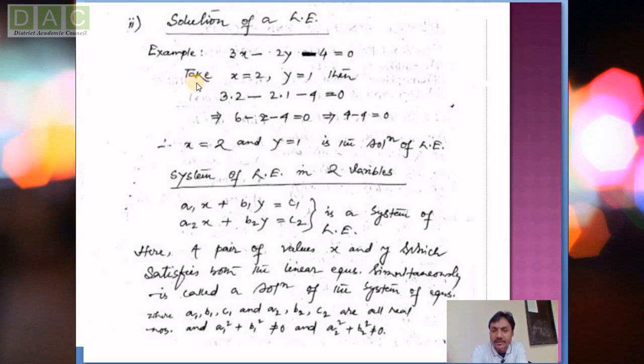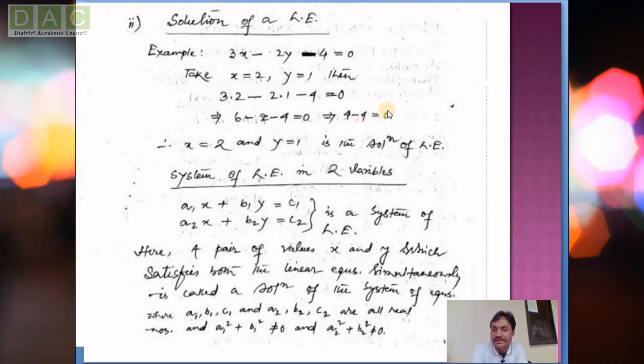Here we take x equals 2, y equals 1. We substitute these two values in the given equation: 3 into 2 minus 2 into 1 minus 4 equals 0. After solving, the left hand side we are getting 4 minus 4 equals 0. That means exactly this 0 is equal to the right hand side of the equation.